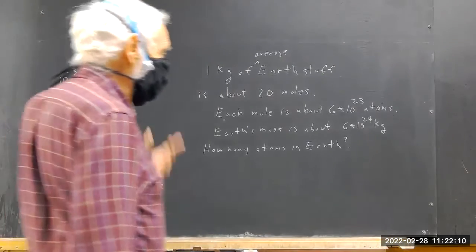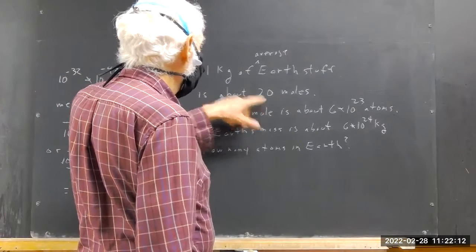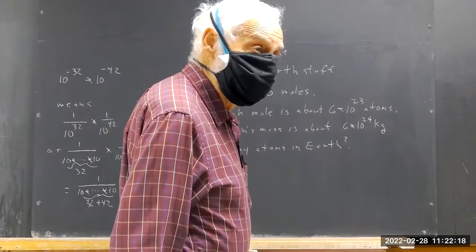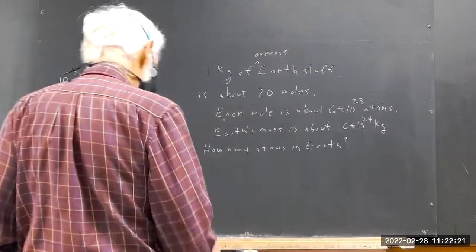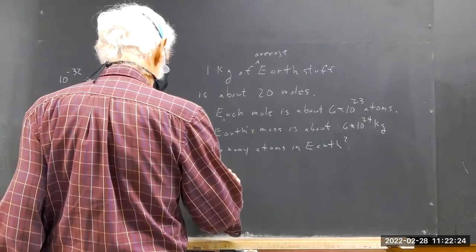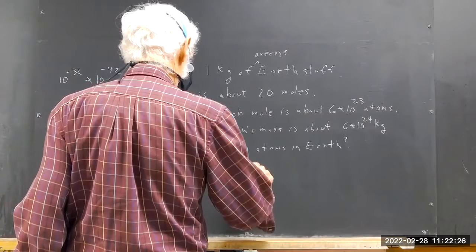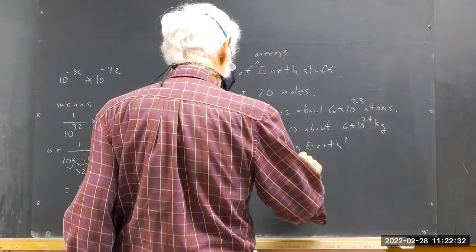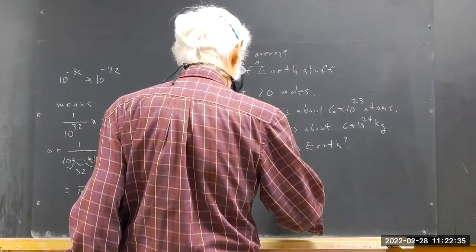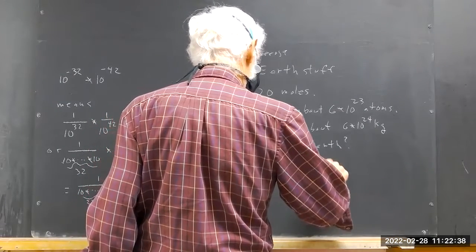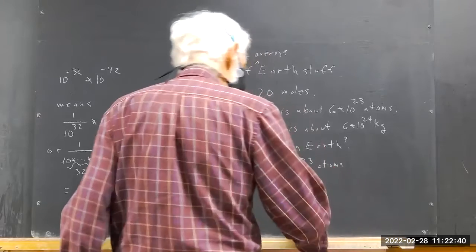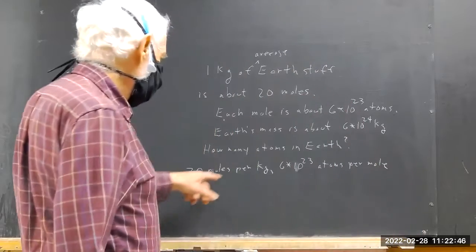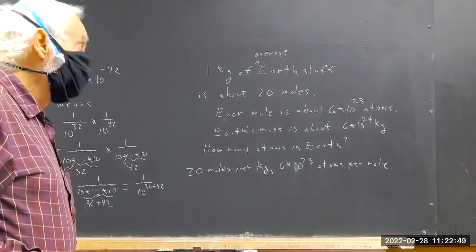Well, these things in order. You got about 20 moles in a kilogram, right? And 6 times 10 to the 23rd atoms in a mole. Okay, 20 moles per kilogram, 6 times 10 to the 23rd atoms per mole.